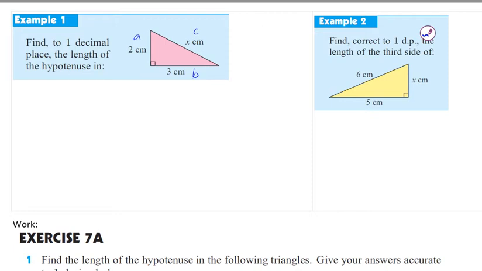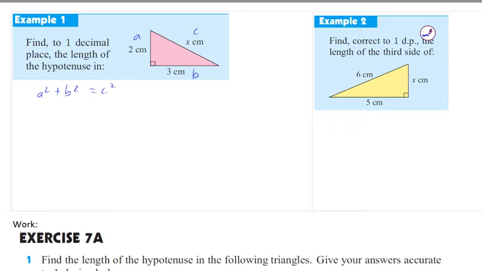Now my first step with any Pythagoras problem is going to be to write out the formula a squared plus b squared equals c squared. Okay? And that's to show the marker that you've identified what kind of question you're dealing with. So even if you don't get the question right and get an achieved grade for it, you may get an N1 or an N2 for showing some steps of working.